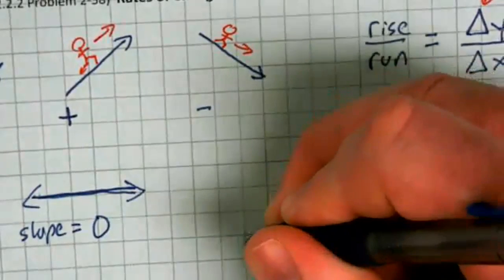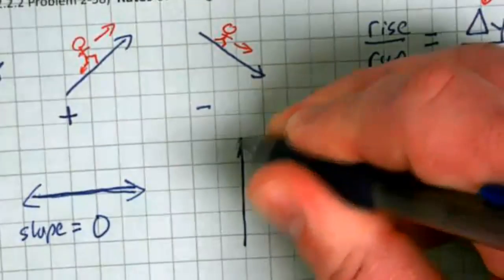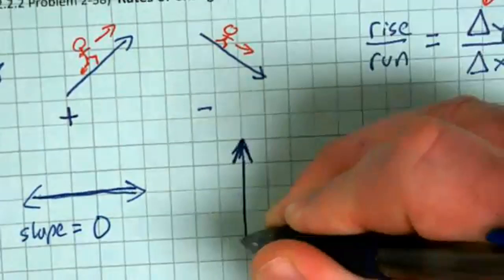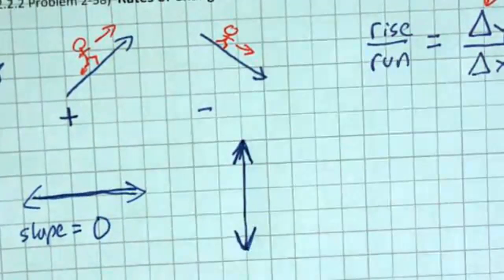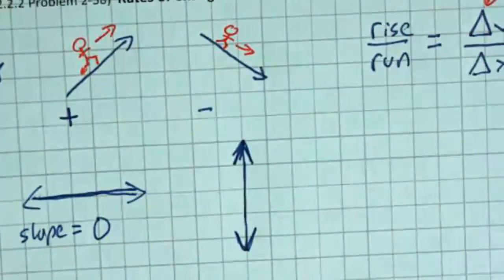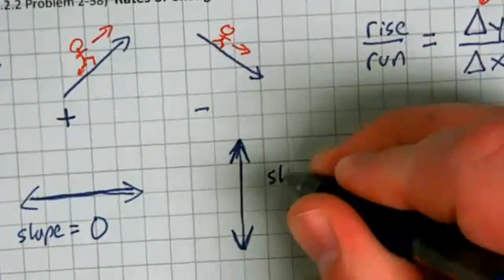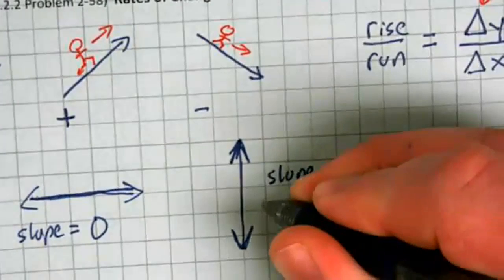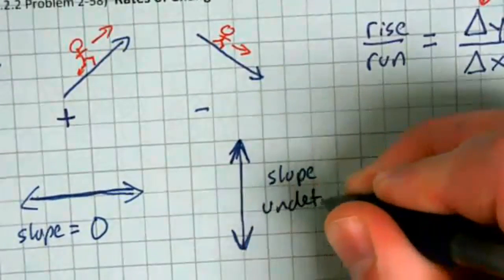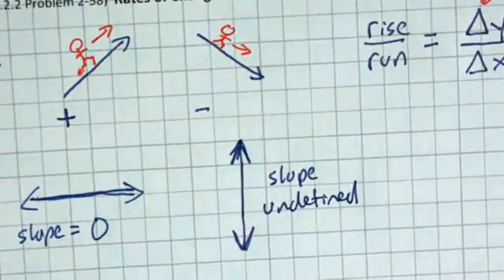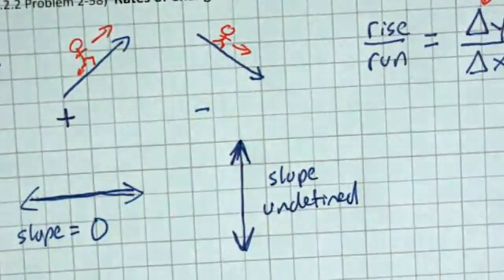If a line is vertical, though, we haven't used this word yet. If a line is vertical, the slope is, we say, undefined.